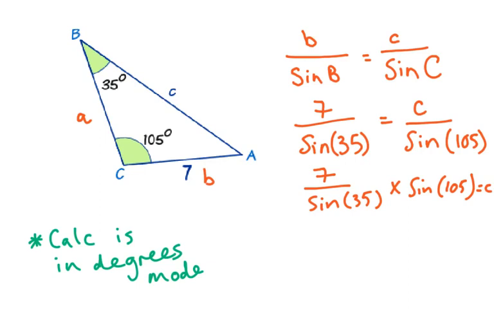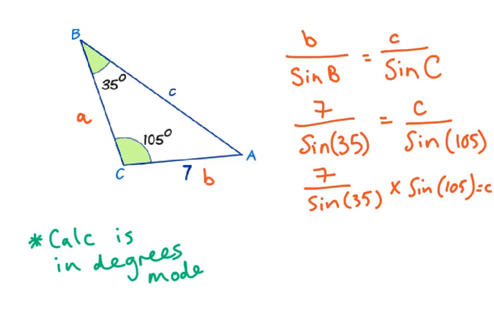On your calculator, you can do this all in one go, and it's probably best to, because then you do not have any inaccuracy going on because you're simplifying certain decimals. So 7 divided by sine 35 times by sine 105.